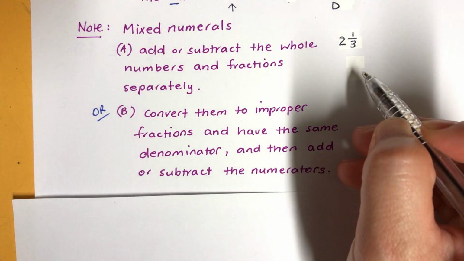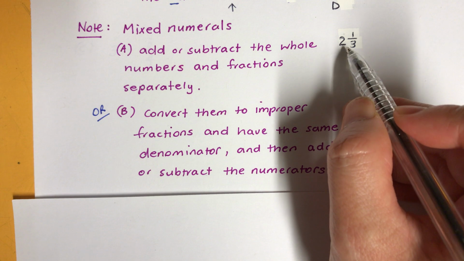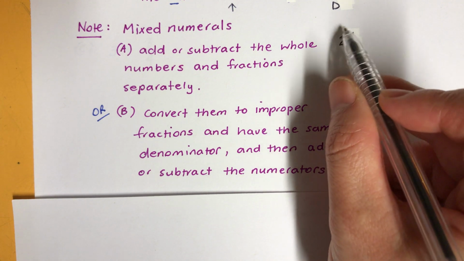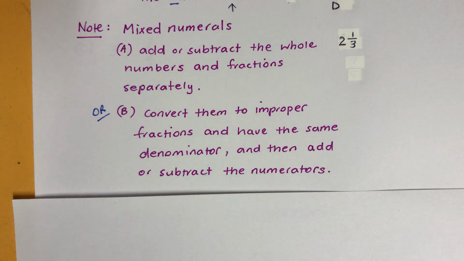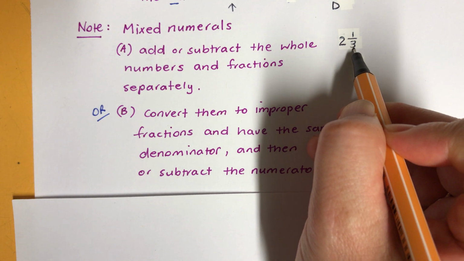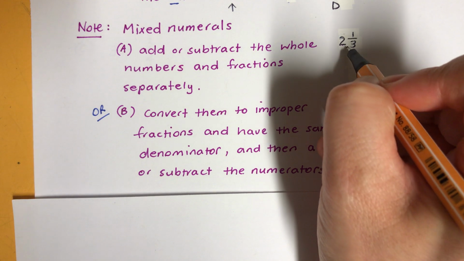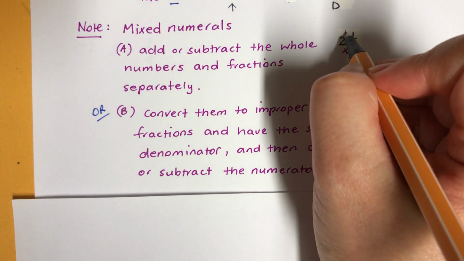Now, an improper fraction is one where the numerator is bigger than the denominator. So, for example, if I convert this mixed numeral to an improper fraction, I don't know whether you remember how to do this quickly: from the denominator to the whole number, you times it. And then you add the numerator.